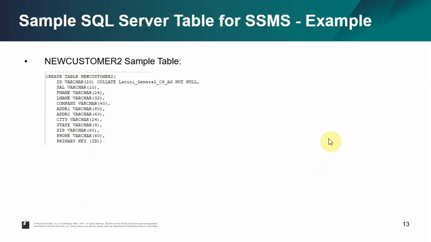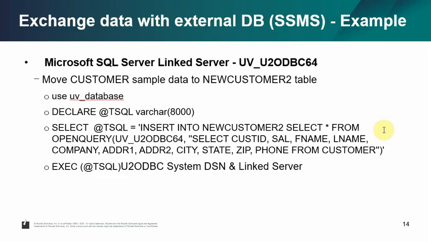For this demo, I already created the new customer 2 table. I can also show you it's almost the same. So I can extract the data back to the SQL Server. Here's the sample script.